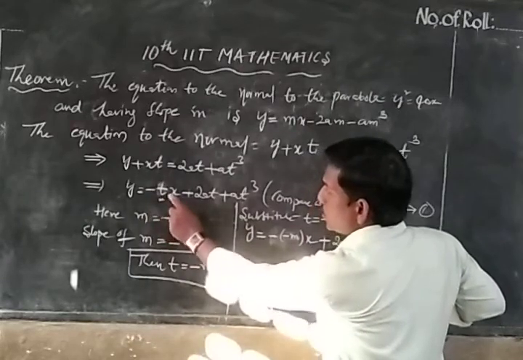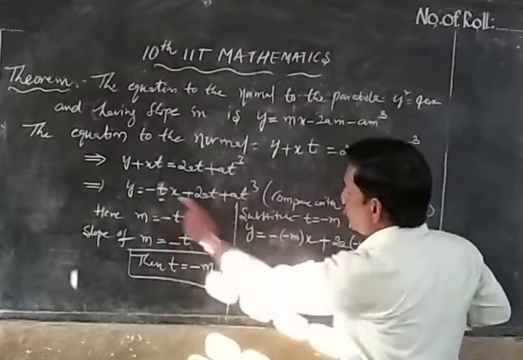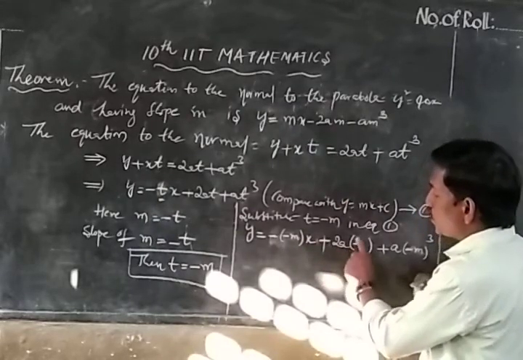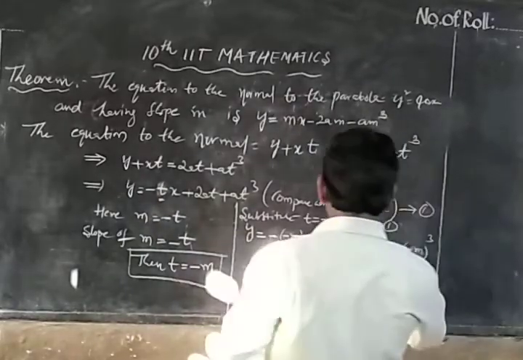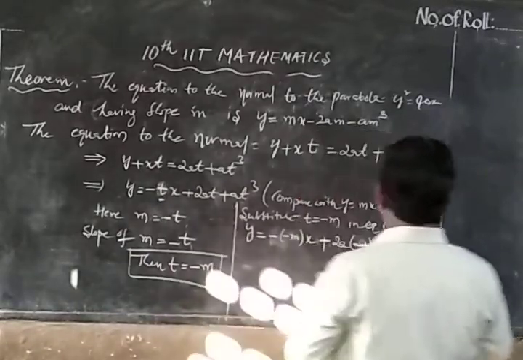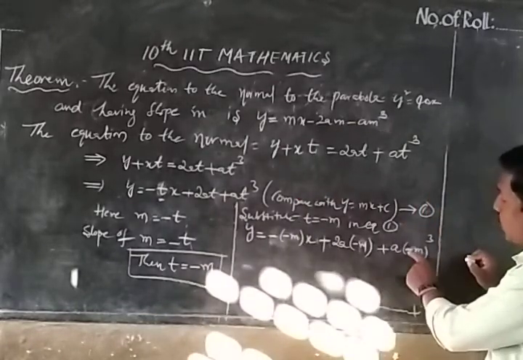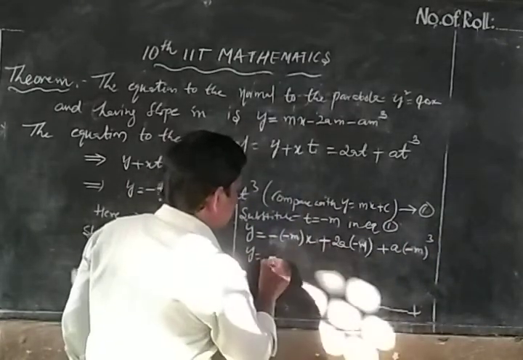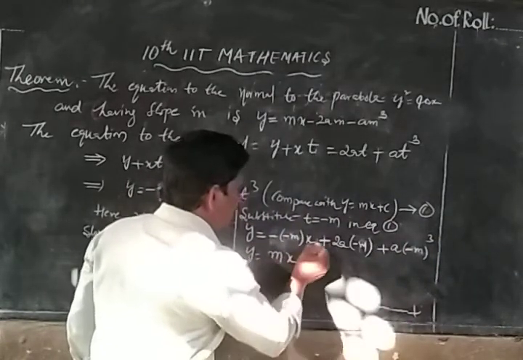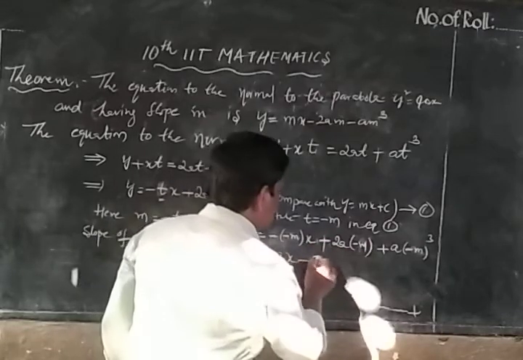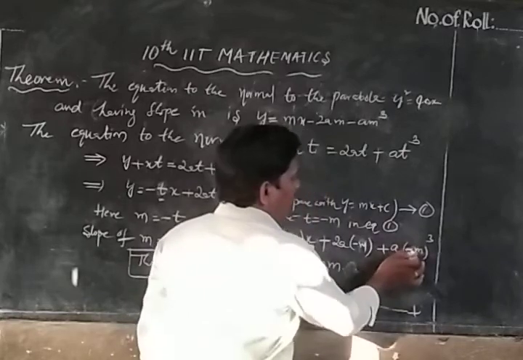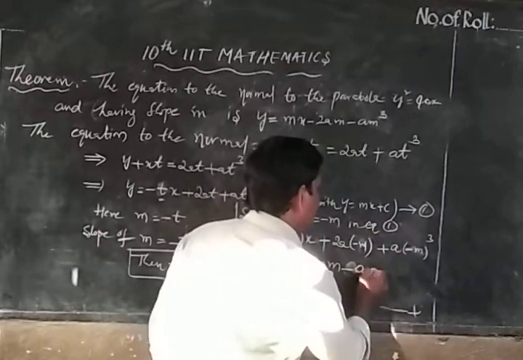Minus t into x, t value minus m, minus of minus m into x, plus 2a into t, minus m, plus a into t³, minus m³. So y = mx minus 2am minus am³.